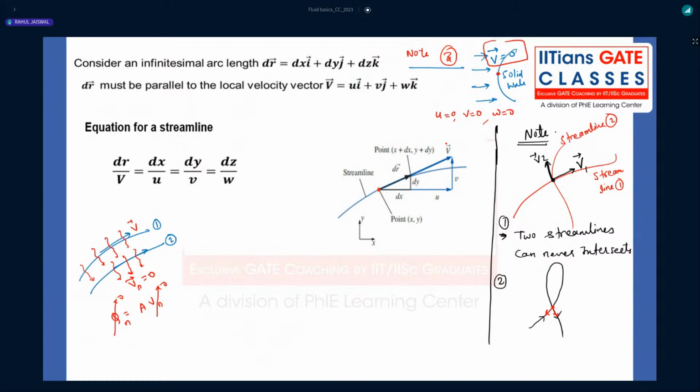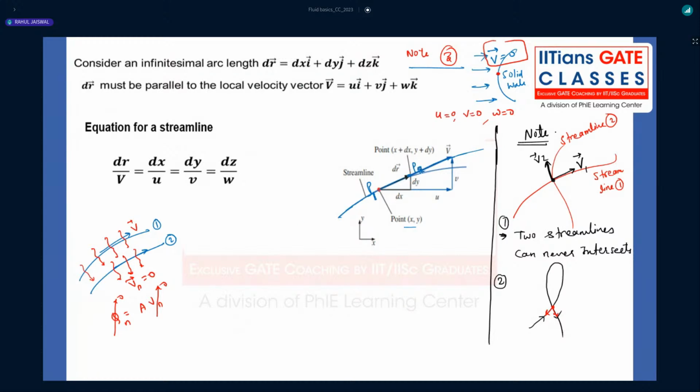Now, note down the equation of streamline. Suppose this blue line is one streamline, for example. On this streamline you take one point P1, which has coordinates x and y. After a certain time, the particle position is P2, for example.